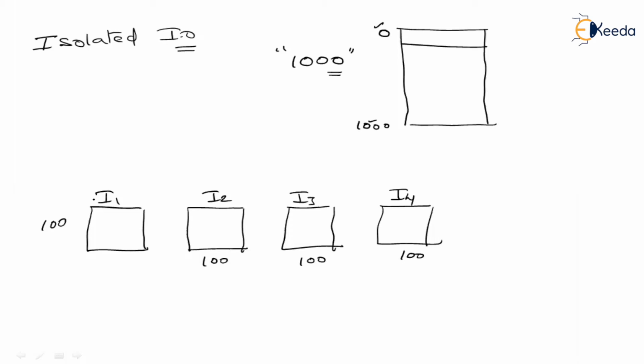Let us see. The first interface, the address space will be 0 to 100 because there are 100 registers. Second interface address space will be equal to 101 to 200. Third interface address space will be equal to 201 to 300. Fourth interface address space will be equal to 301 to 400.